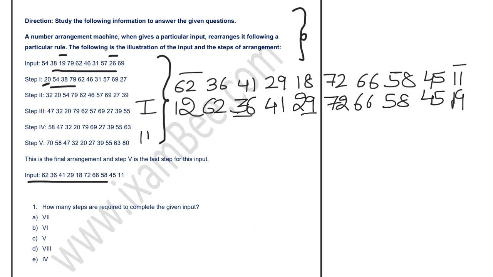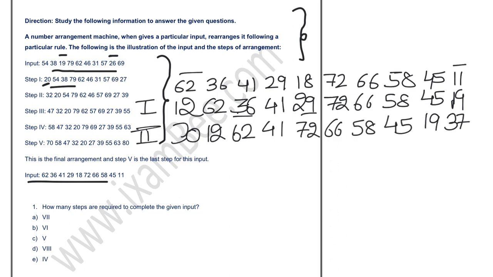So 30 will come here because adding 1 to 29 will become 30. So 30 will come at the extreme left end and 36 will become 37 because it's a greater number than 29. So I'm writing 37 over here and your 12 gets shifted over here and your 19 will get shifted over here and the remaining numbers you can write as they are.